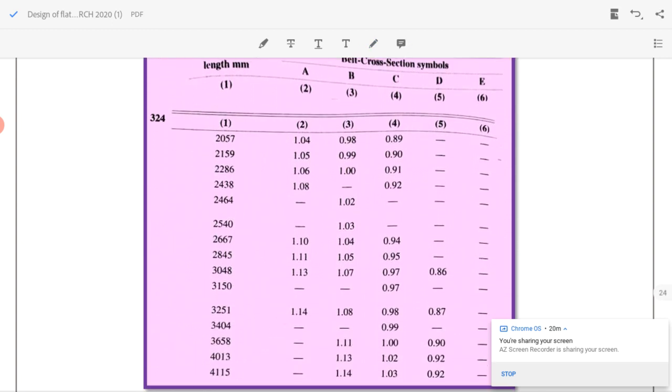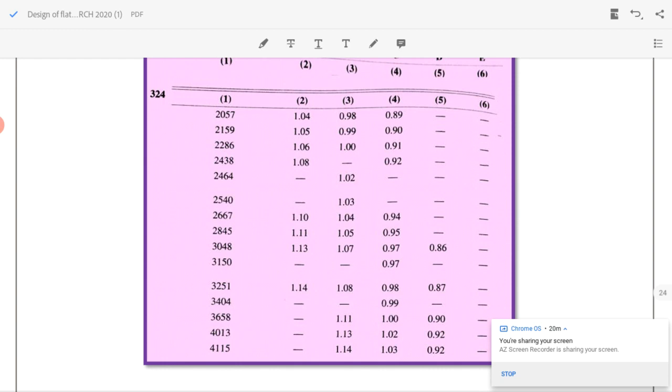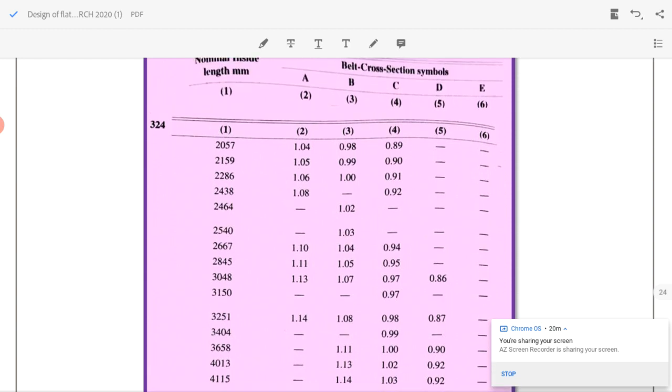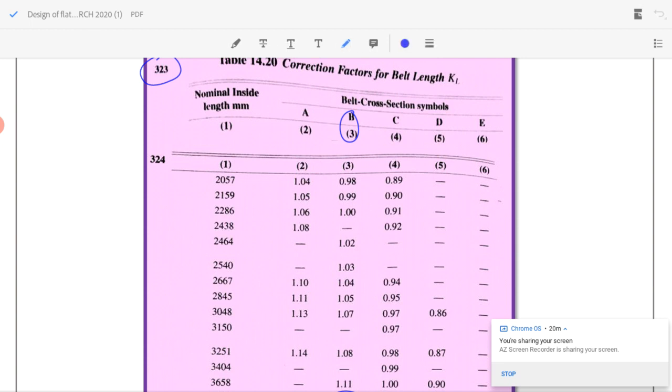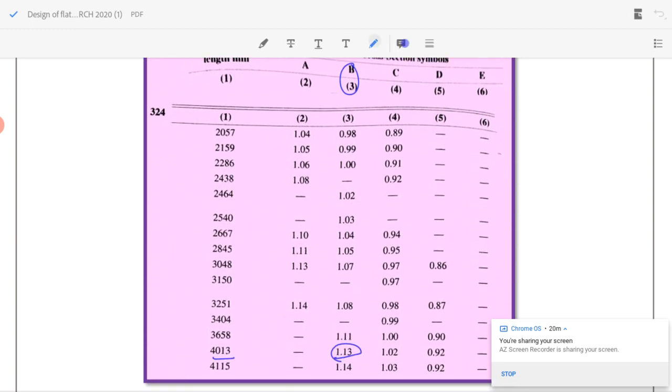My standard value was 4013 mm. So this is our value. And type of belt was B, so take the second column. So this will be the value of KL. KL will be equal to 1.13.